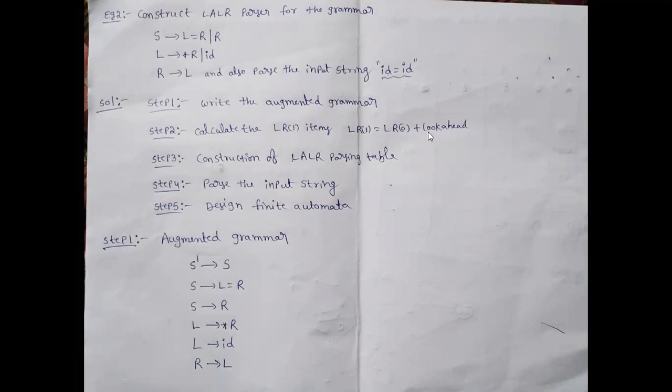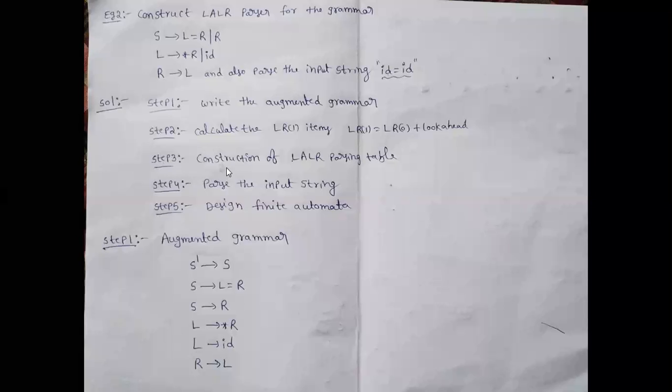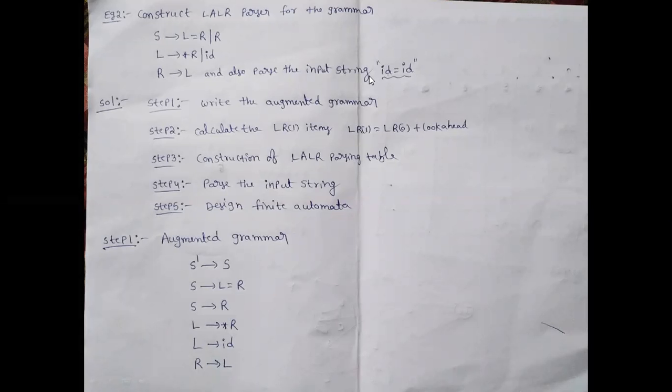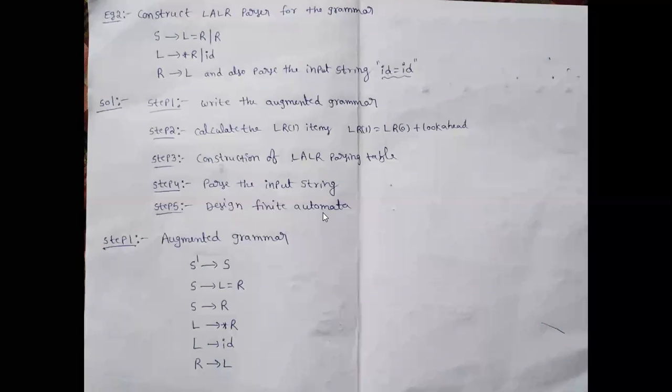So we are calculating the lookahead. Then what is step 3? Construction of the LALR parsing table. Fourth, parse the input string, whatever input is given, we have to parse it, and finally, design the finite automata. So these are the 5 steps we have to follow.